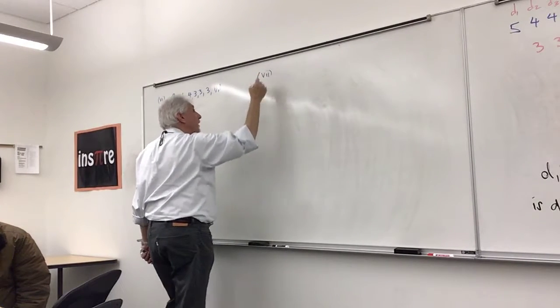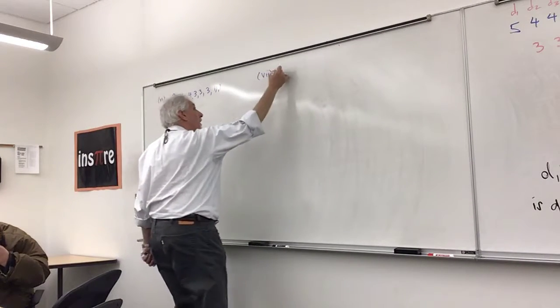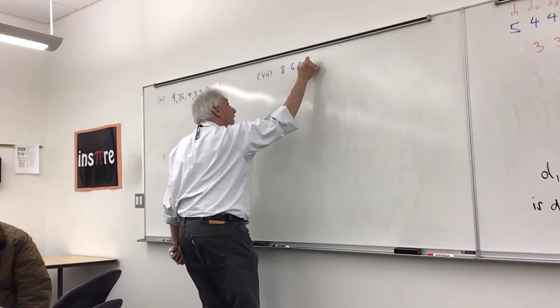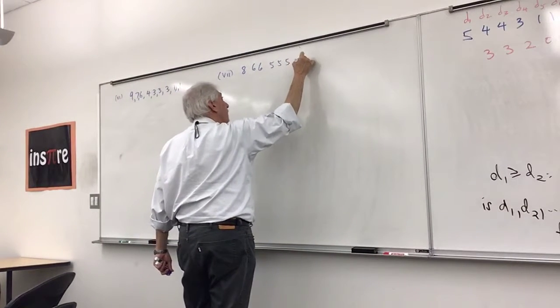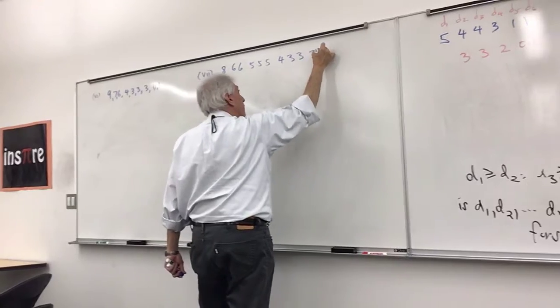Did I say 6 and 7? 8, 6, 6, 5, 5, 5, 4, 3, 3, 2. It's like a telephone.